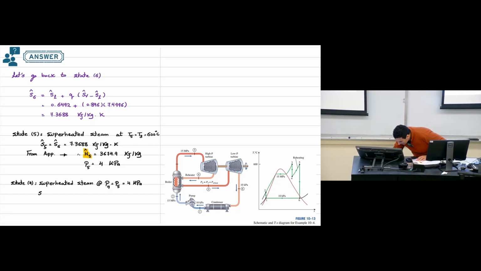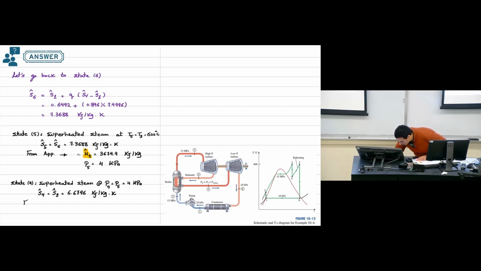Entropy at point number 4 equal entropy at point number 3 equal 6.6796 kilojoule per kilogram Kelvin.